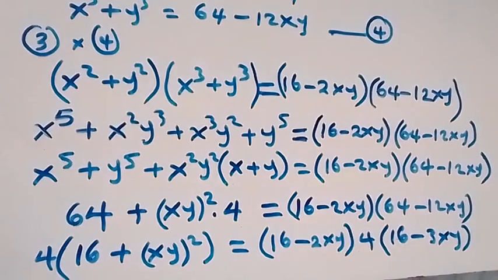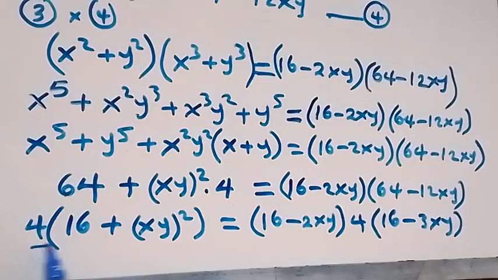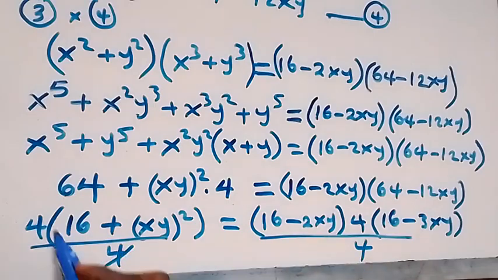Then when we divide both sides by 4, divide this side by 4, also divide this side by 4, the 4 will cancel out here.